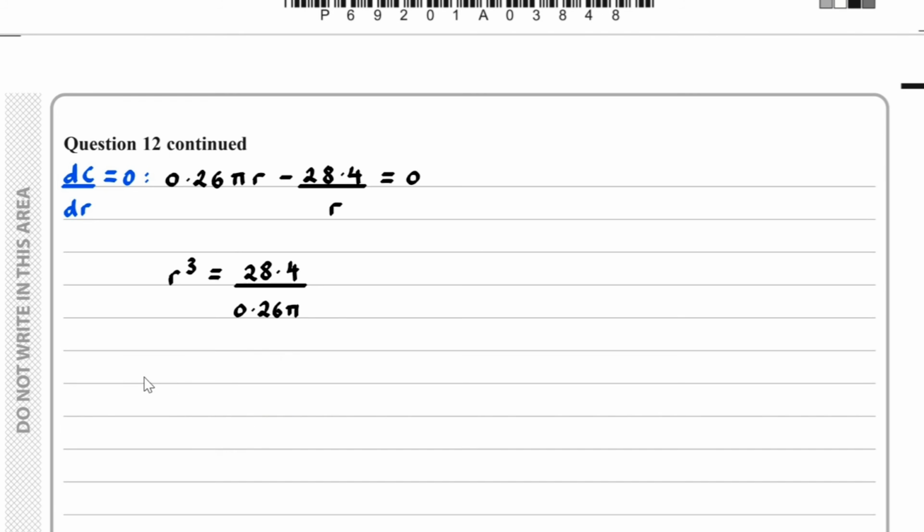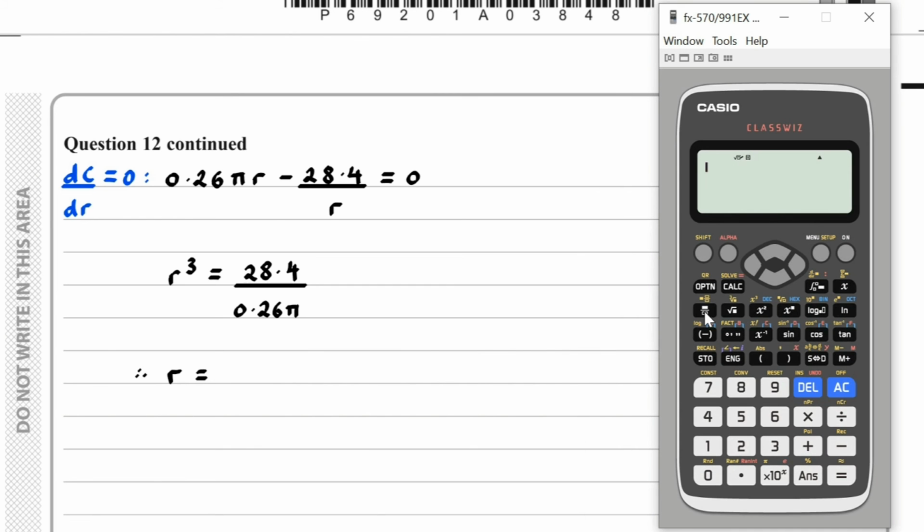And so if I find out what r is, we have 28.4 divided by 0.26 pi being cube rooted, which is 3.26, etc. That's given to 3 significant figures, and the units are centimetres. Now let's store this into A, just in case we need it later on.